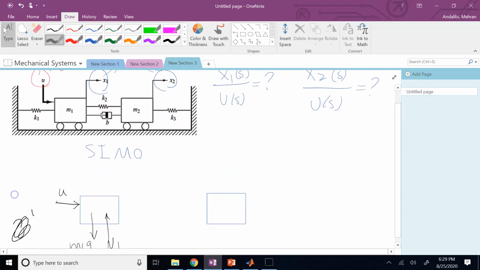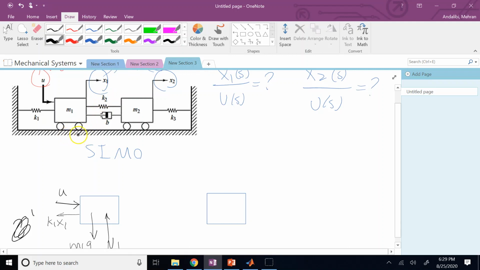So the force of the spring is going to be k1 times x1, or x1 minus 0 if you want. Now on the other hand, this k2, on the right side of it, is moving with x2, the left side of it moving with x1. So the difference between x2 and x1 is the elongation of this spring, and then you multiply it by the constant to get the force.